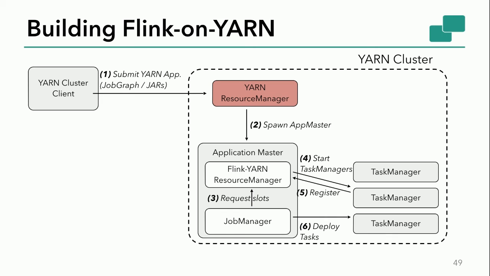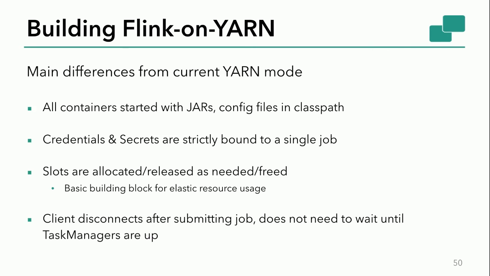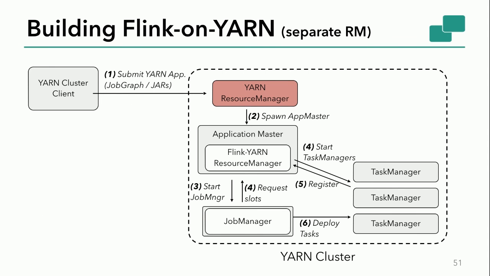One of the things we get as a benefit from this re-architecture is it becomes much easier for us to decompose and put the pieces together in different ways. In this solution I showed you, the application master could hold both the Flink-YARN resource manager and the Flink job manager, but it's also possible to split those apart into separate processes if that seems advantageous, and it might be because YARN only allows one application master, but you might want to have a hot standby for the job manager running, for example.